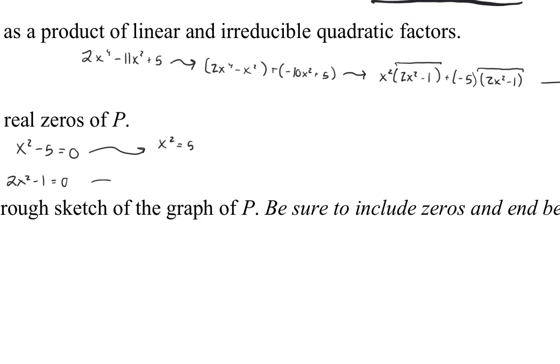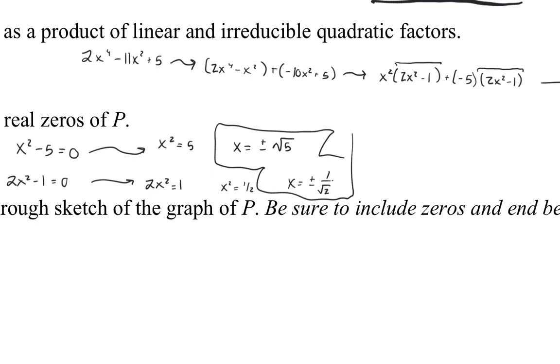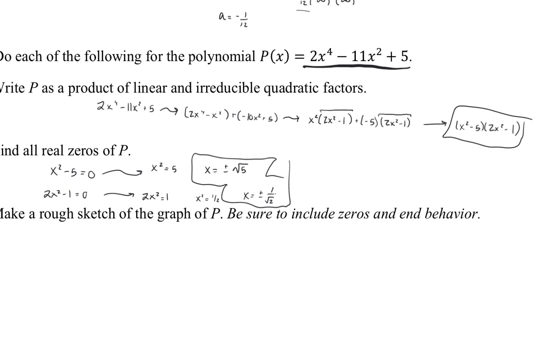Then for the second one, we will have 2x squared is equal to 1, which gives us that x squared is equal to 1/2, or x is equal to plus or minus 1 over root 2. So those are all 4 zeros of our function.